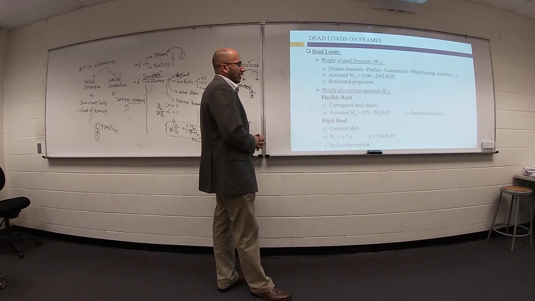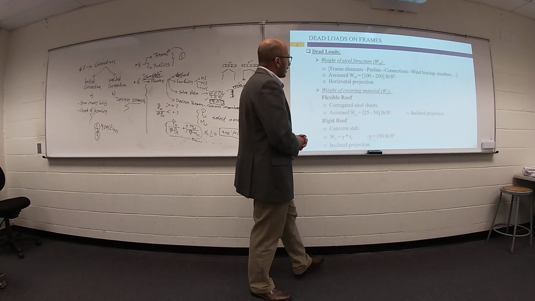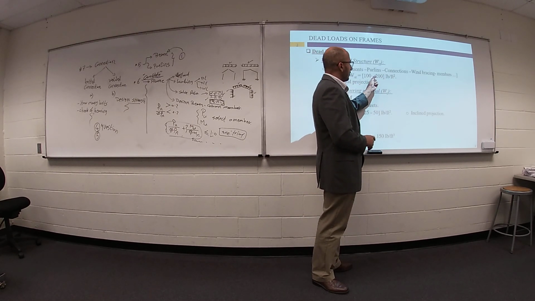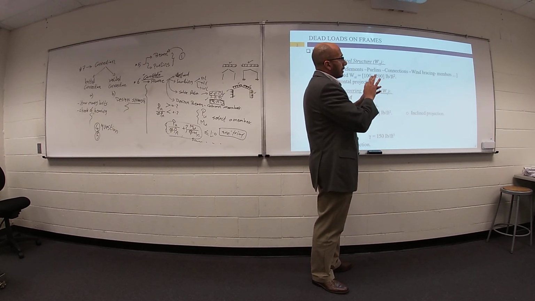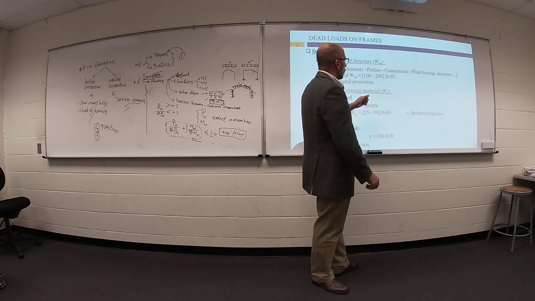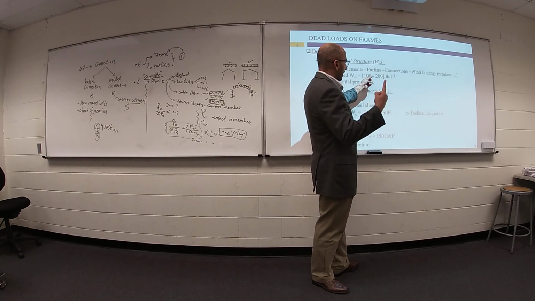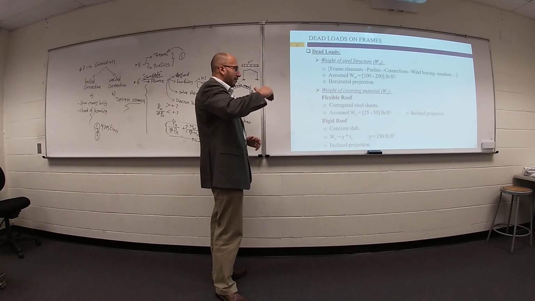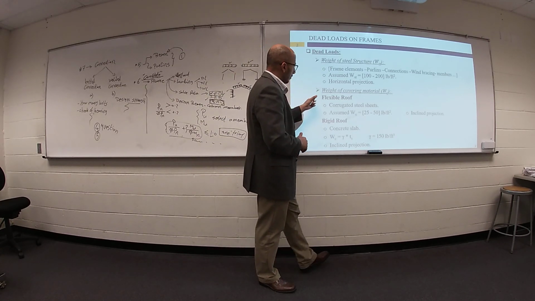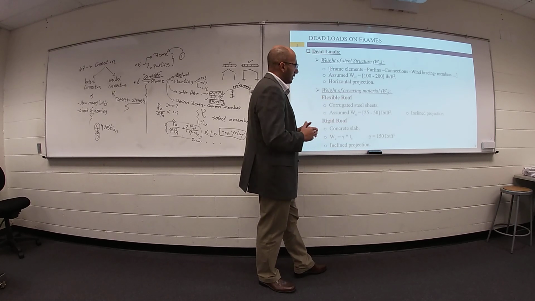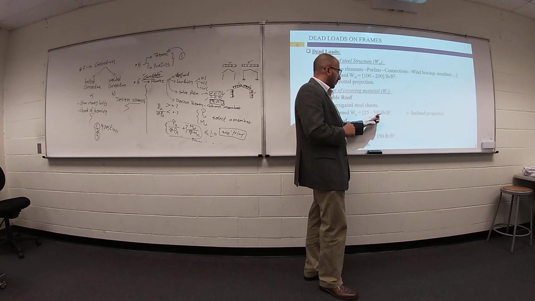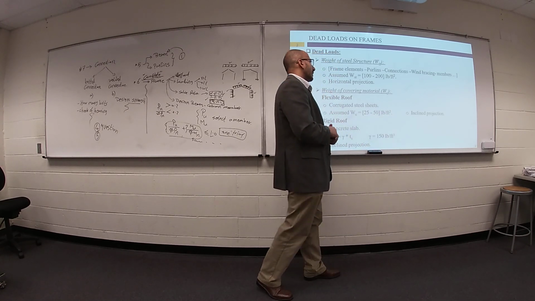Horizontal projection. So this is per unit area. To convert this value to uniform distributed line load, we need to multiply by distance, which is S. For flexible roof, if you have covering which is flexible roof, corrugated steel sheet, you can assume your load between 25 to 50 pound per unit area.